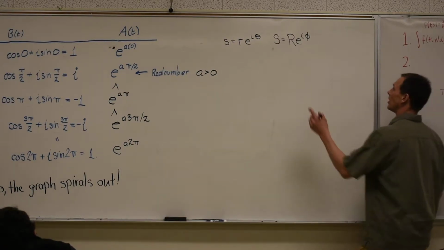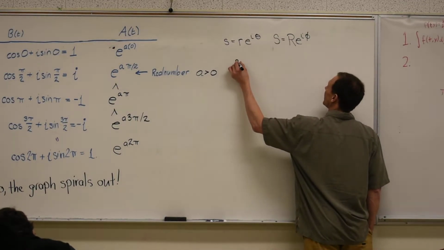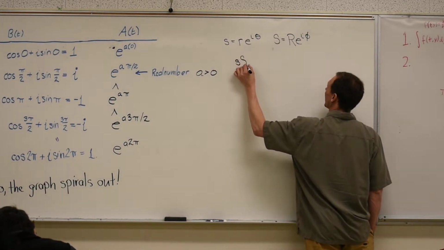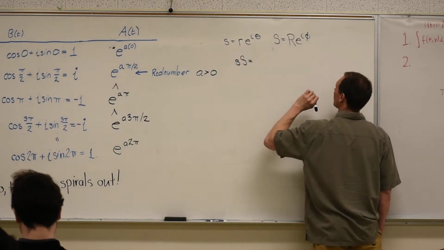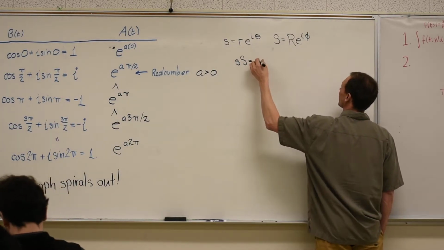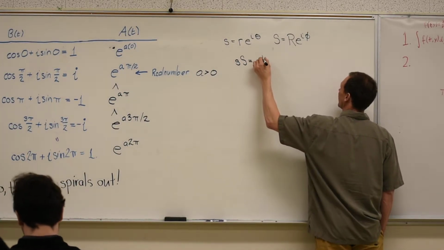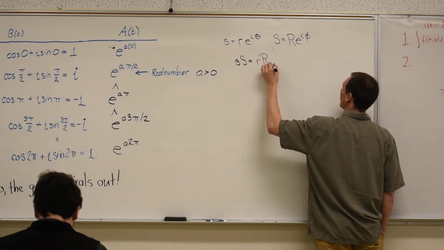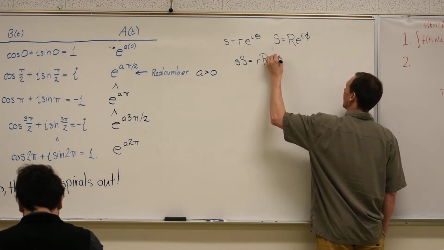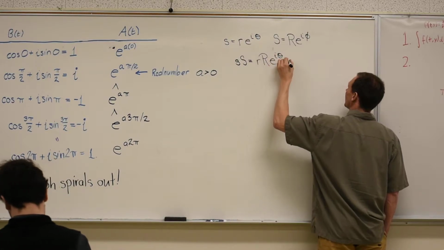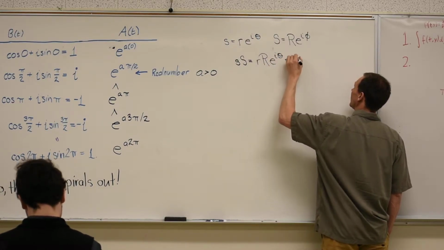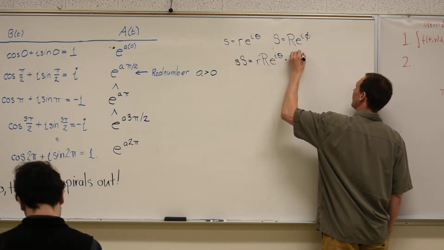So if I wanted to define s times capital S, it's really as simple as what you would expect. It's lowercase r times capital R, e to the i theta times e to the i phi.